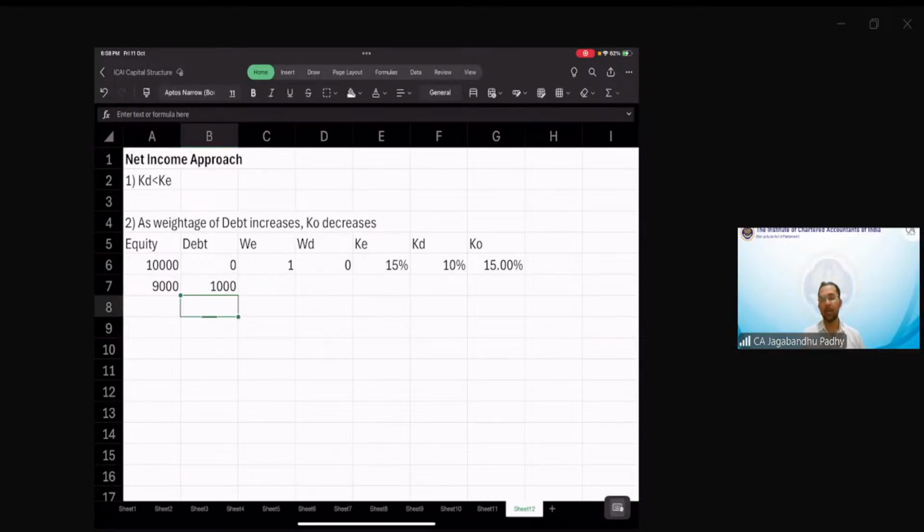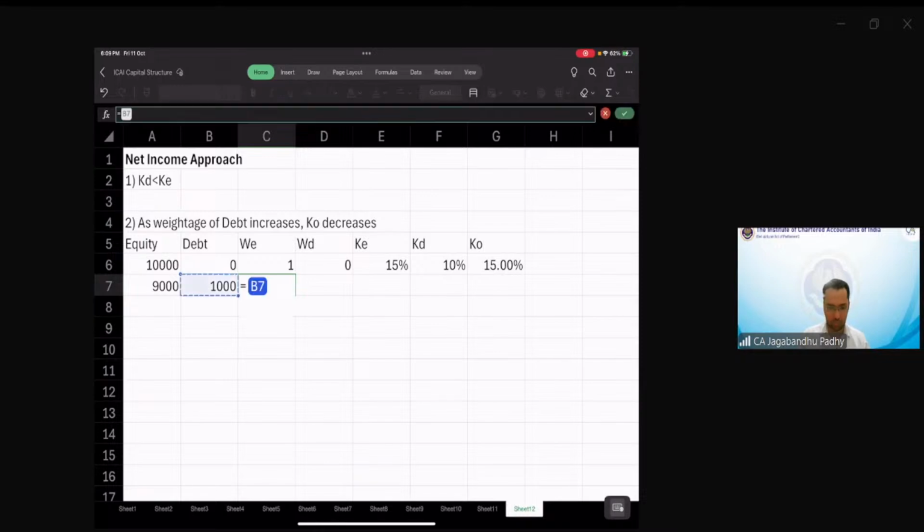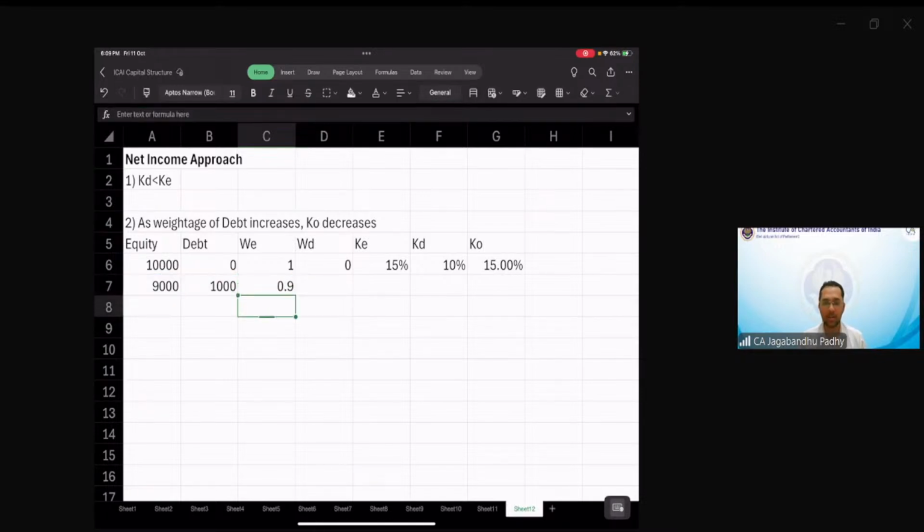So basically, the company is taking a loan of 1,000 and repaying the money to the equity shareholders. Now, what will be the weightage of equity and weightage of debt? It will be now 9,000 divided by 10,000, which is 0.9, and weightage of debt will be 0.1. And the cost of equity and cost of debt remain the same.